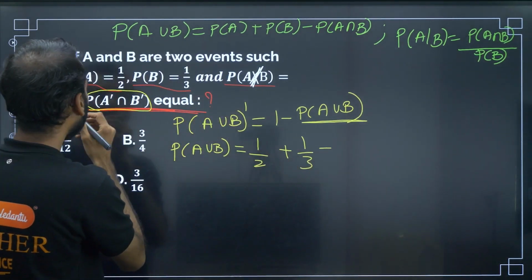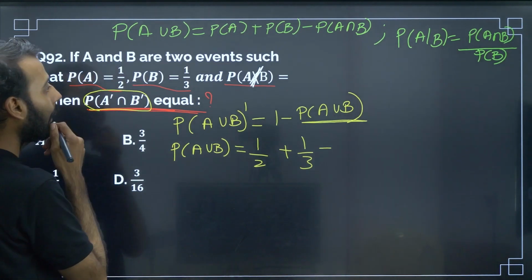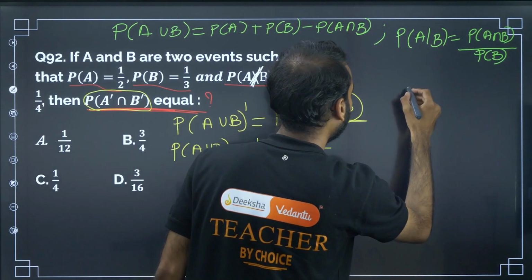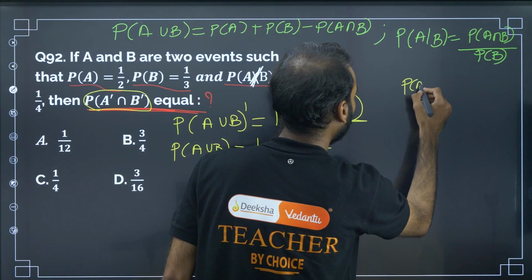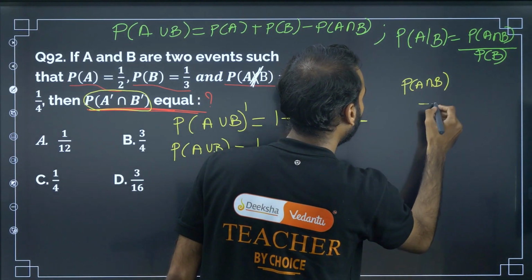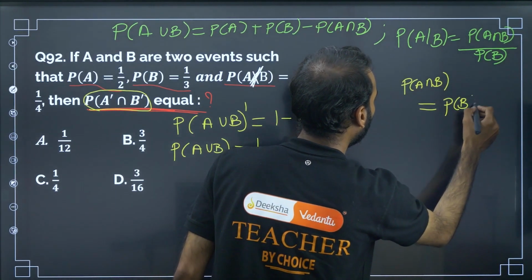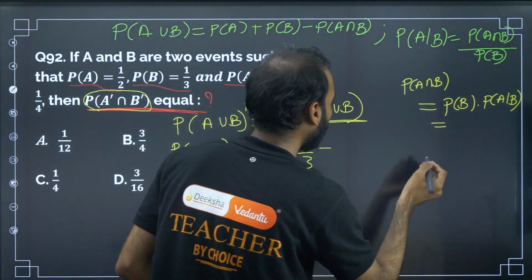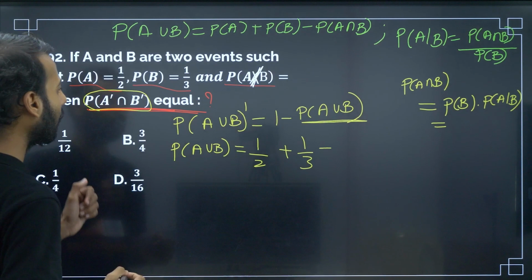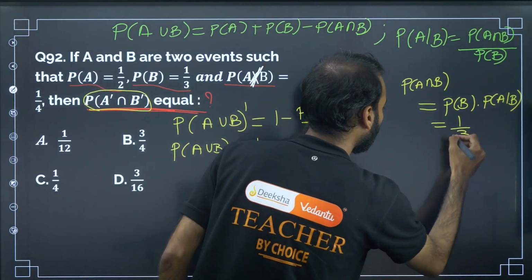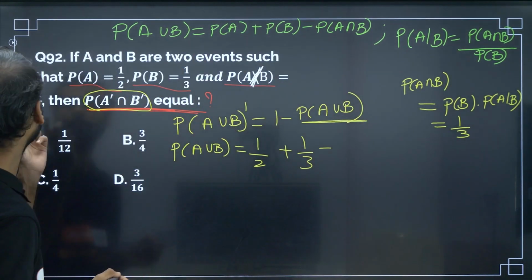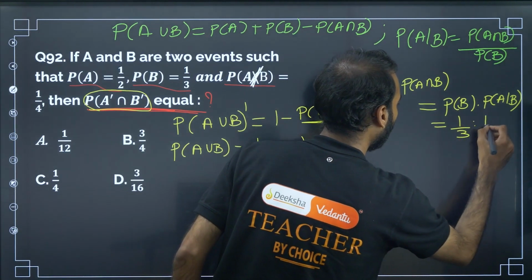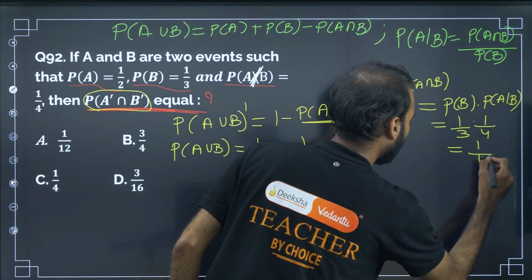Probability of A and B they have not given, but from here I can extract it. A intersection B can be written as probability of B times probability of A given B. So probability of B is 1 by 3, probability of A given B is 1 by 4. So this is equal to 1 by 12.